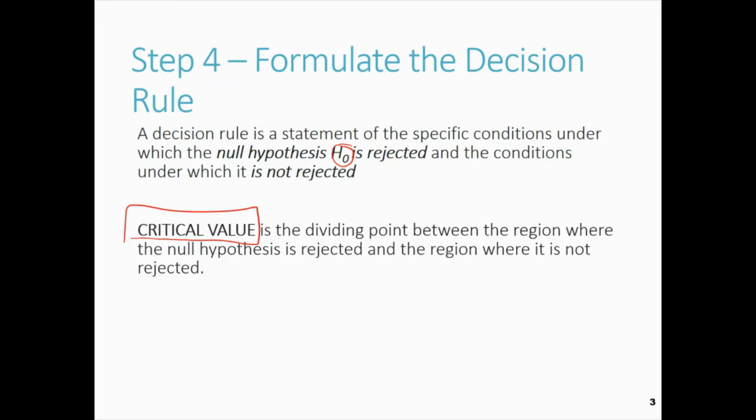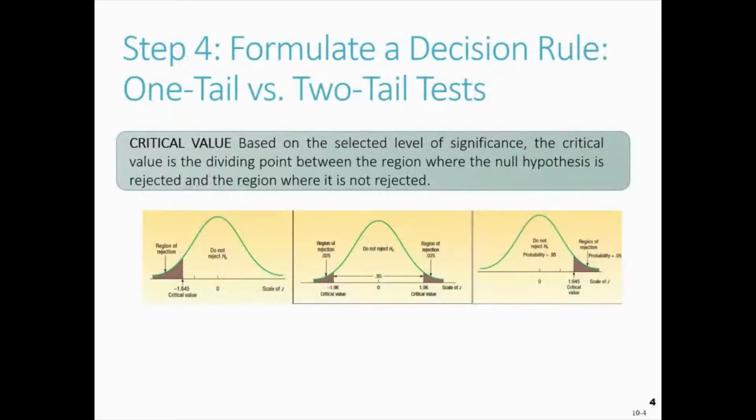The critical value is the dividing point between the region where the null hypothesis H0 is rejected and where it is not rejected. So there are 3 cases for this rejection section. The first case is where we check for the lower tail, and we'll see when that happens. Another case is when we have 2 tails. And the third case is when we look at the upper tail.